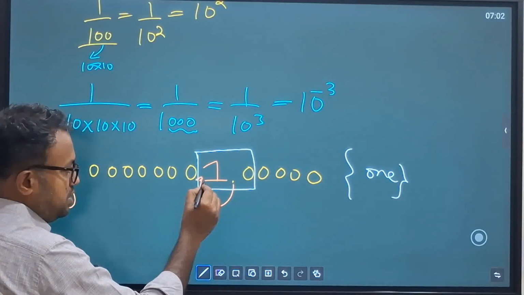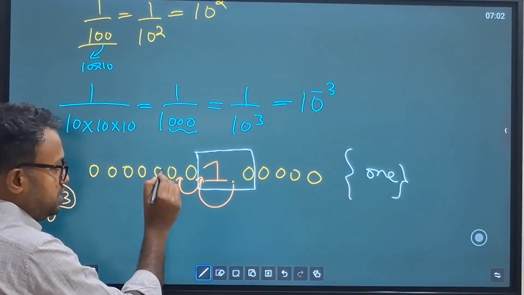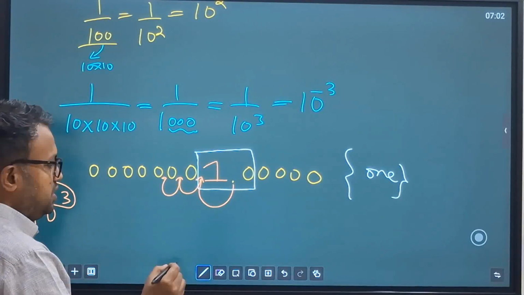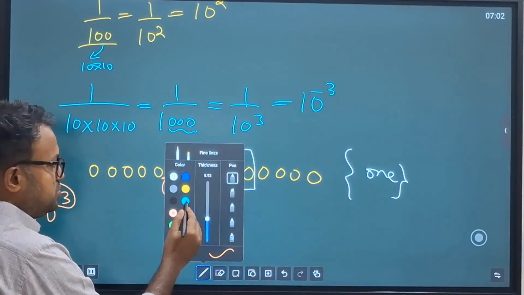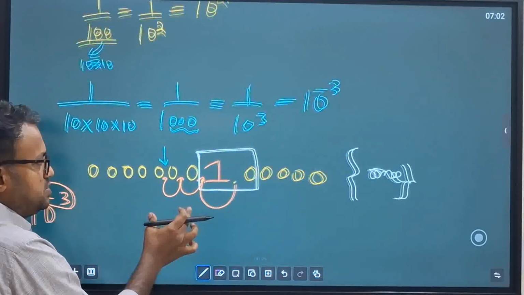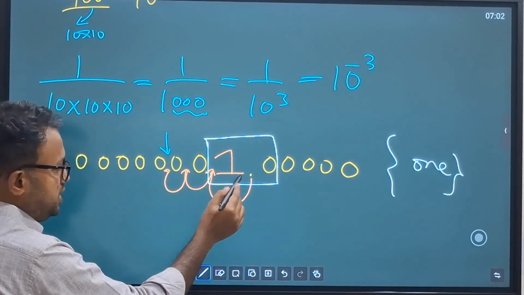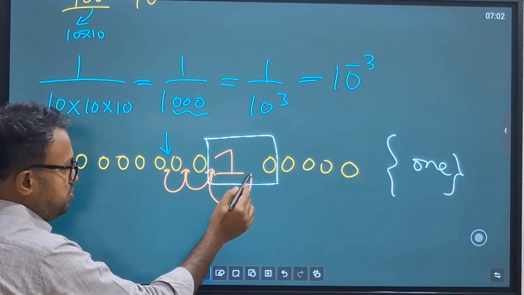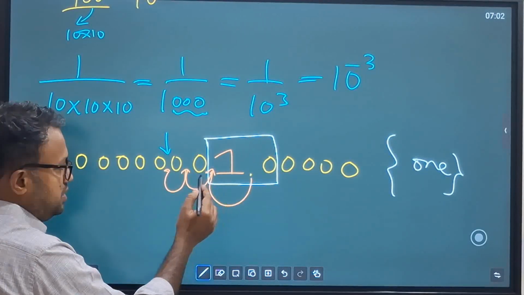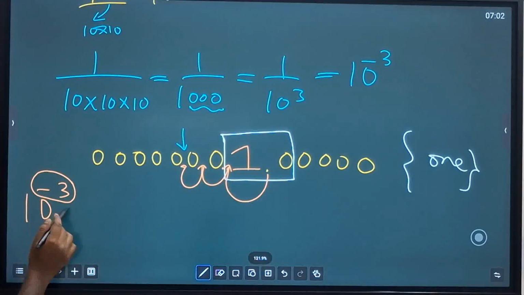Like 1, 2, 3. So where have we come? We have come to this point. Now my original point has come not here, not here, but here, because I wanted to write 10 power minus 3.